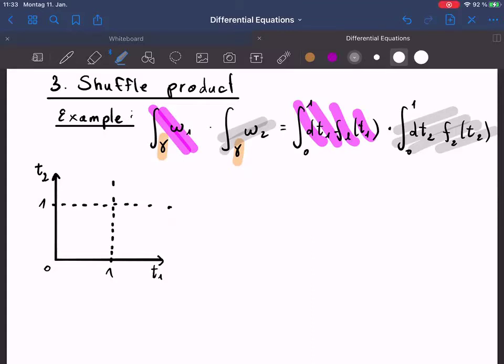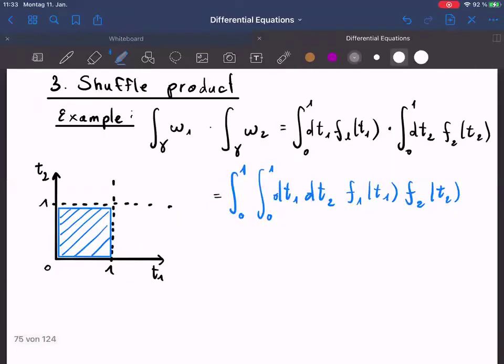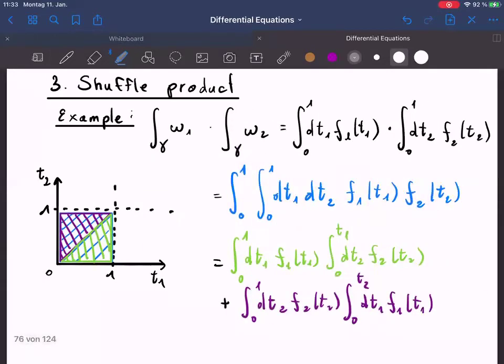Well, instead of thinking about it as a product of two integrals, I can just write it as an integral over the square with edge length 1. That's the same thing. So I just integrate over the square. I can, of course, split the square into two triangles, shown here in green and in purple.